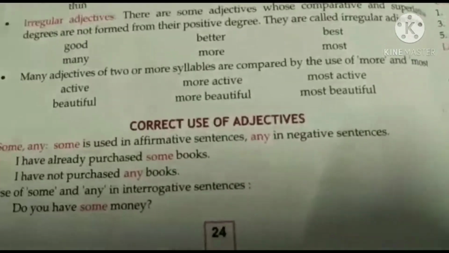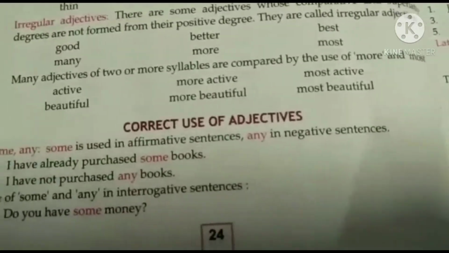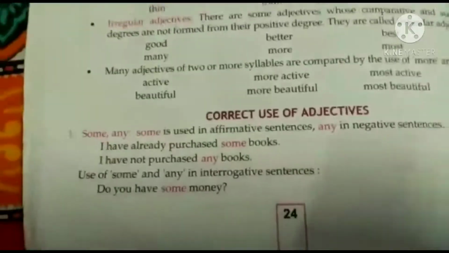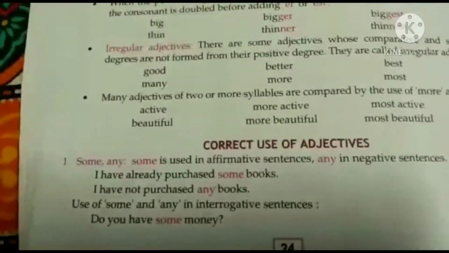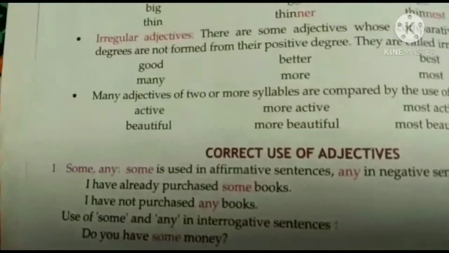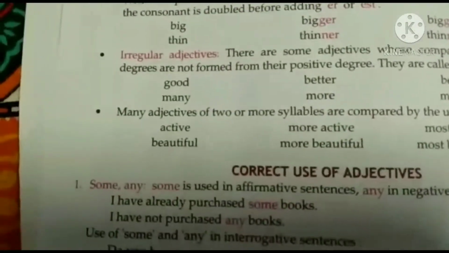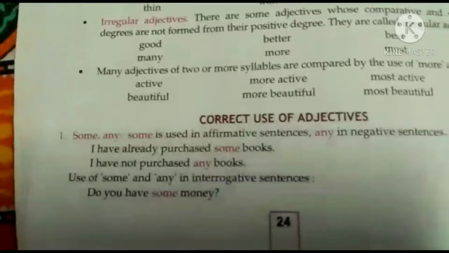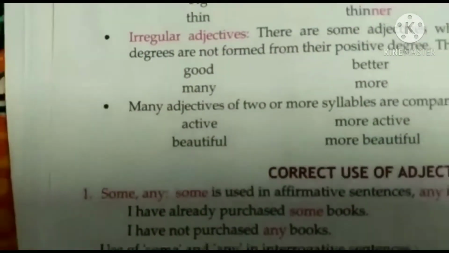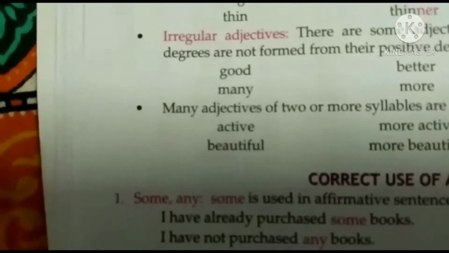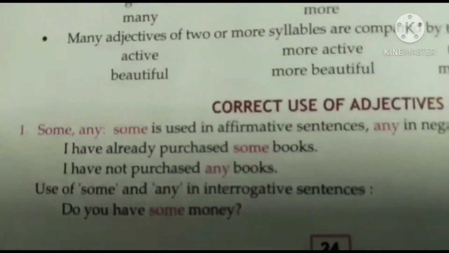Similarly, any shows a negative sense. Understood? Both sentences are correct, but an affirmative sense accepts some, and a negative sense accepts any. I hope you are clear about some and any.